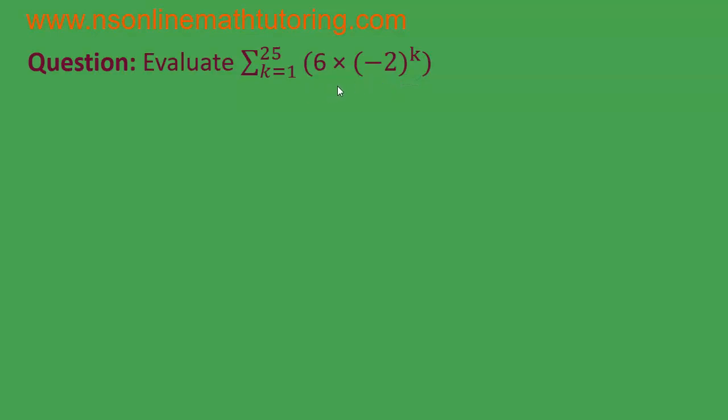But when a series consists of many terms, it becomes difficult to write all the terms individually. Rather, we prefer a shorthand notation, and that shorthand notation is the sigma notation.